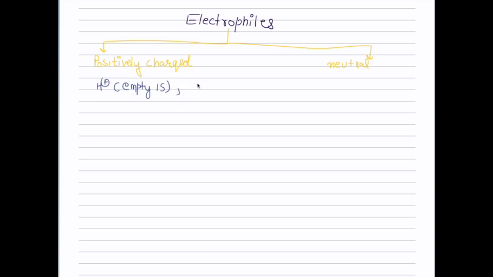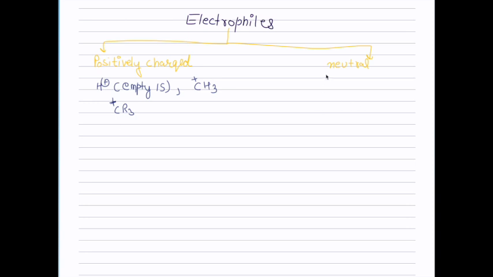After this we can have carbocations like CH3 plus or CR3 plus. The R can be any alkyl group. Carbocations are positively charged electrophiles.